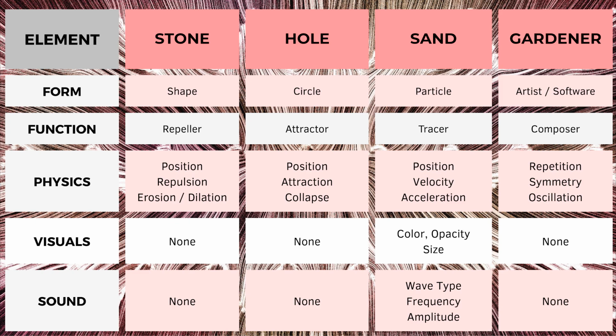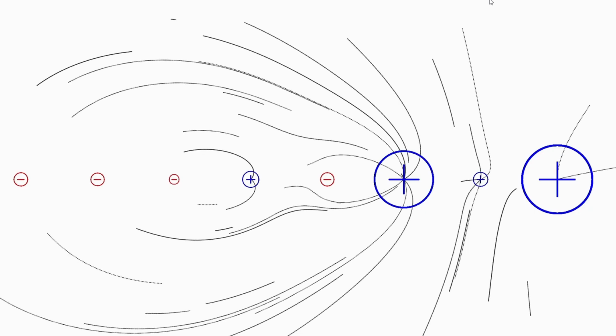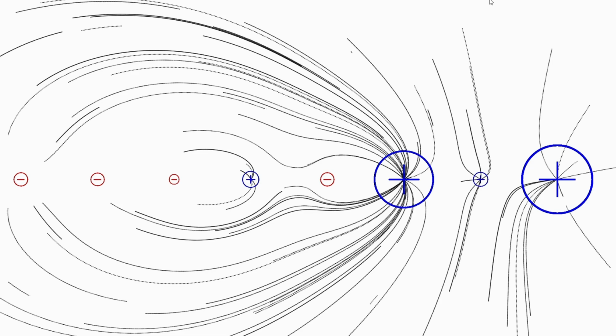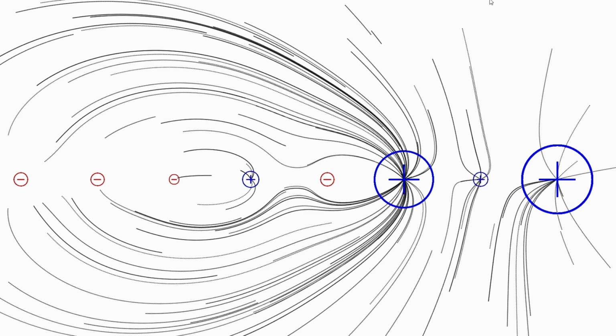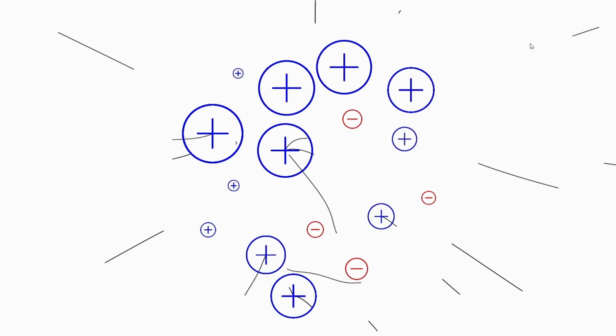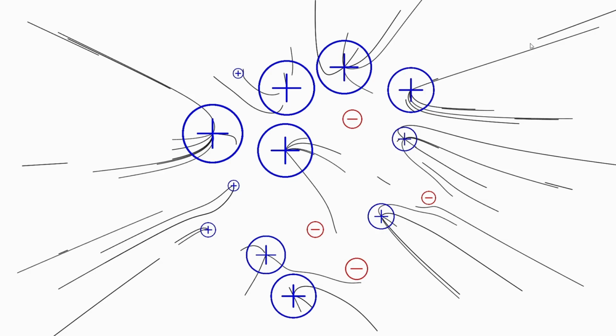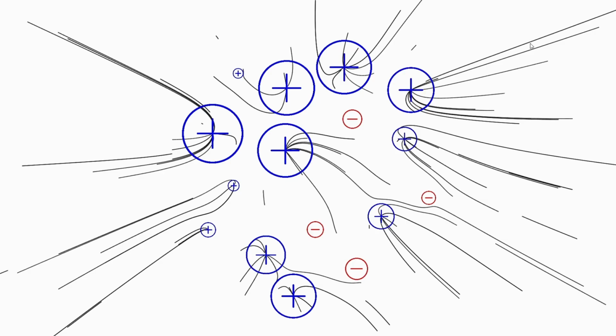Some of them have visuals, some have sound. In this case, stones are negative attractors or repellers, and holes are positive attractors. So particles, the sand, move following these kinds of physics rules, and they produce this kind of animation.